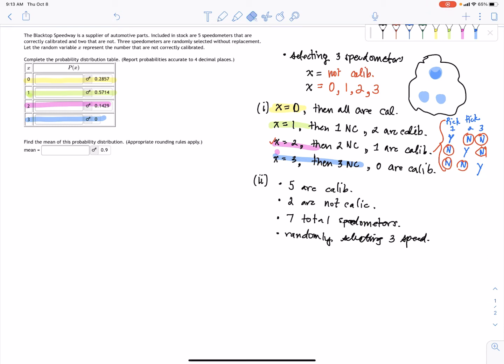It's not just you're picking that one first and then the other two aren't. So because of these combinations, we would have to use a combination formula when finding probability. So the last piece we should write down, number 3, is that we're going to have to use combinations for finding the probability.